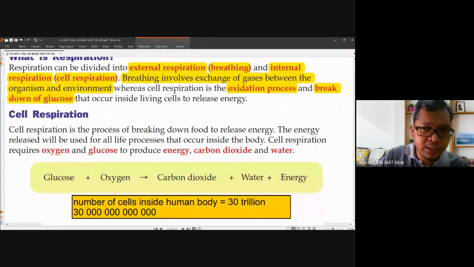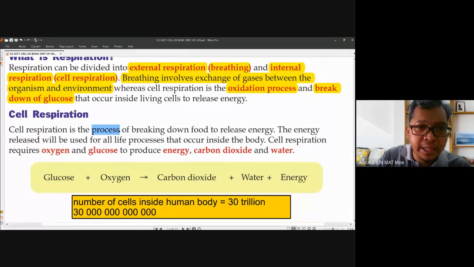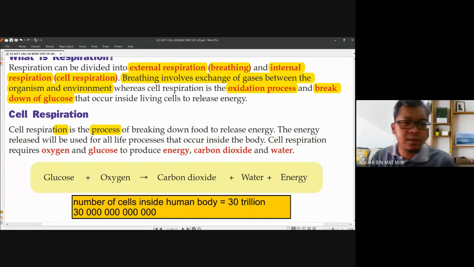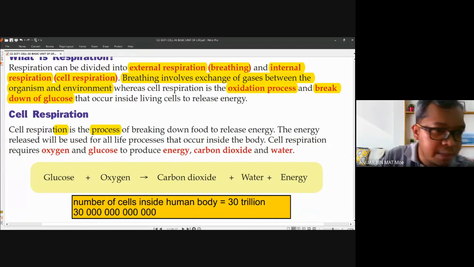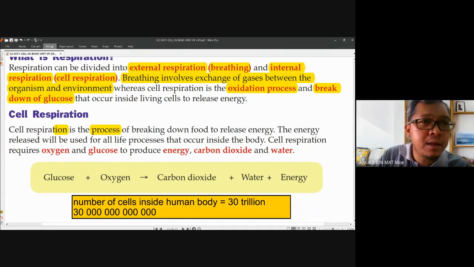Cell respiration. What is the meaning of cell respiration? If you have words ending with TION, like respiration, from the word respire, TION means the process.